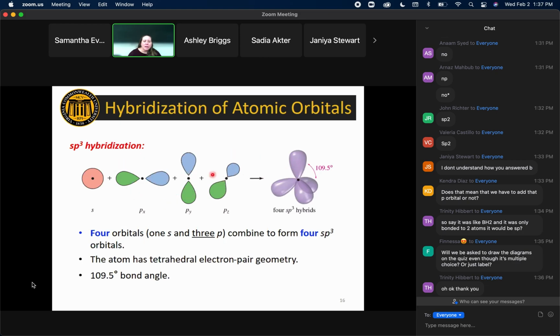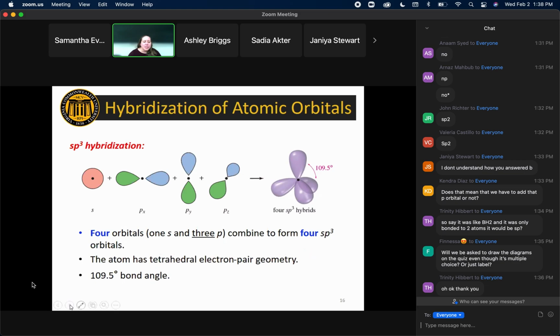So we're going to combine all of our valence shell orbitals, our s and all of our p orbitals, and we'll get out this kind of balloon animal here, where it has 4 hybrid sp3 orbitals. Each of them are 109.5 degrees from each other.